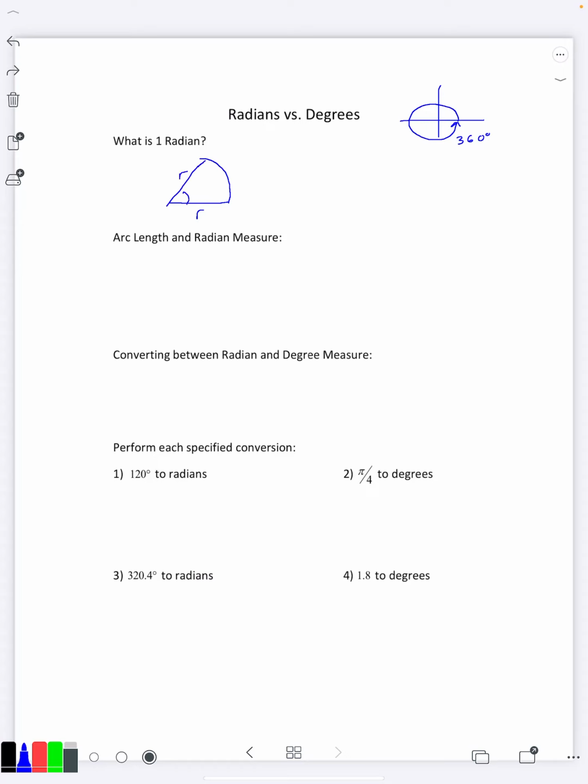If you travel around enough that the length you traveled along the outside edge, this is called the arc length, by the way, you'll see the term right here, is equal to the radius, then that means the angle is 1 radian.